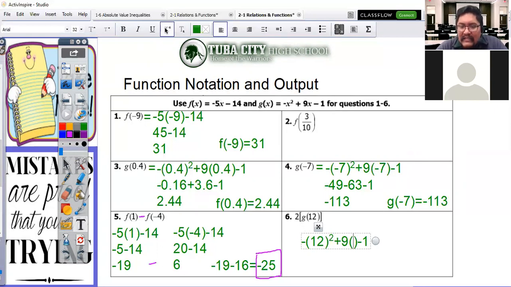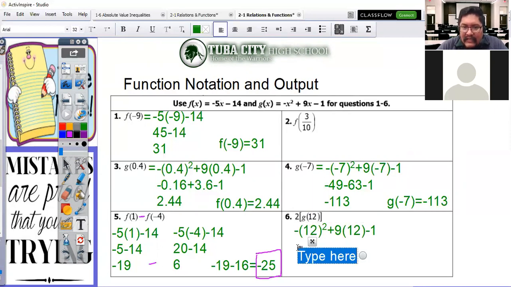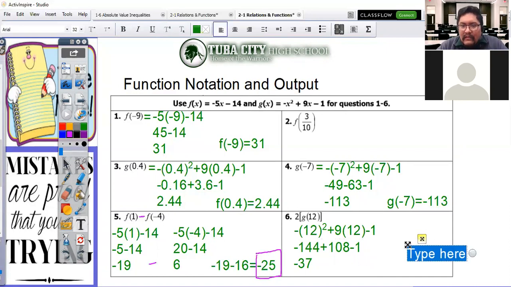And again, this one has the negative on the outside. So even if I square it, I should get -144 plus 108 minus 1. And that's going to give us -37. Now hold on a minute. We're not done just yet because there's still this big 2 on the outside.